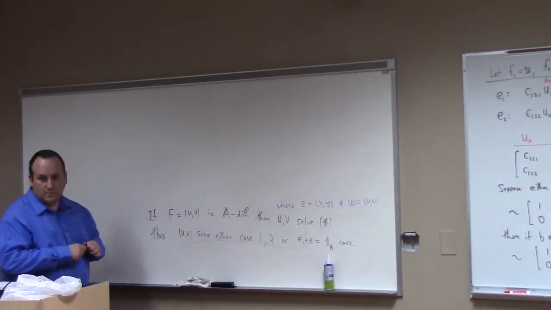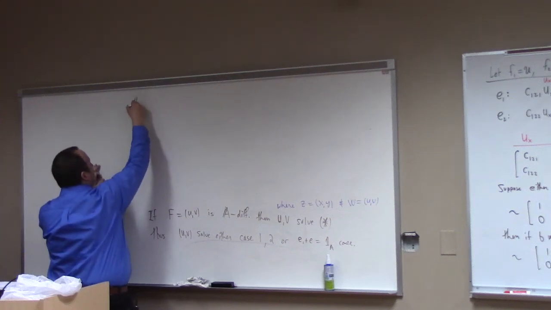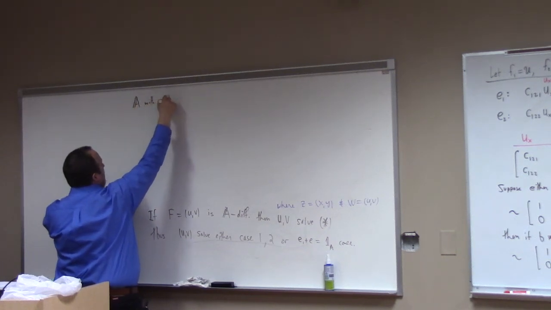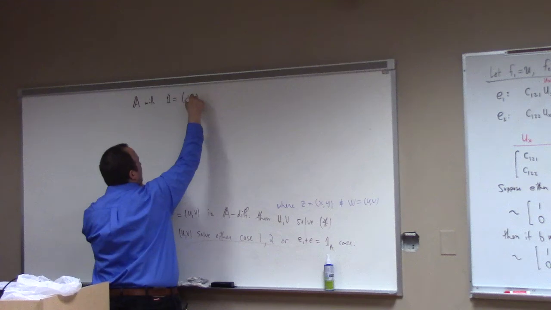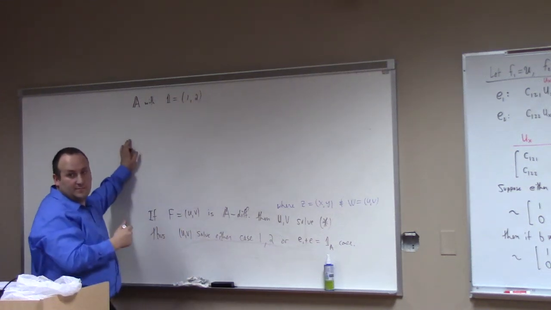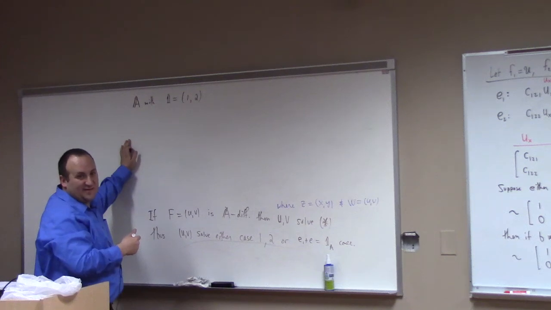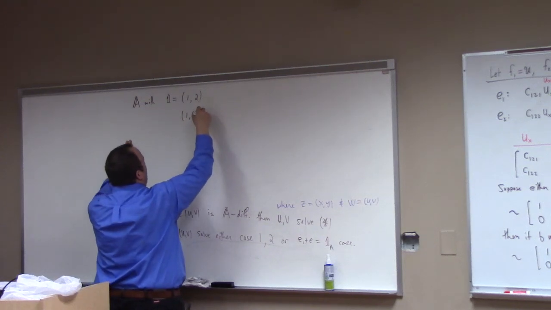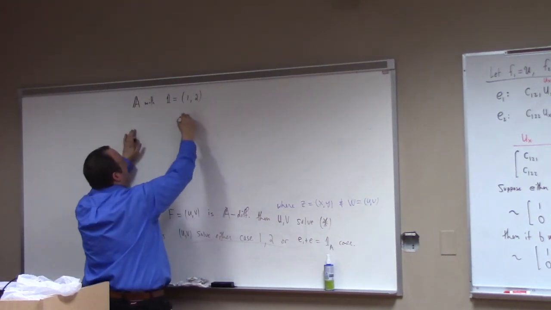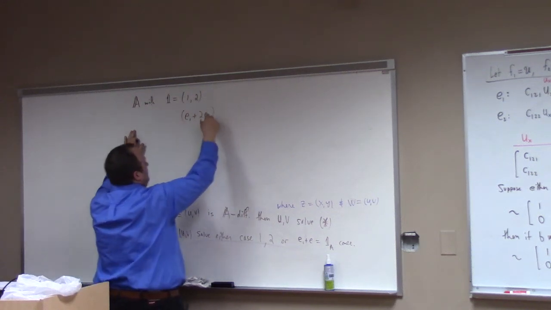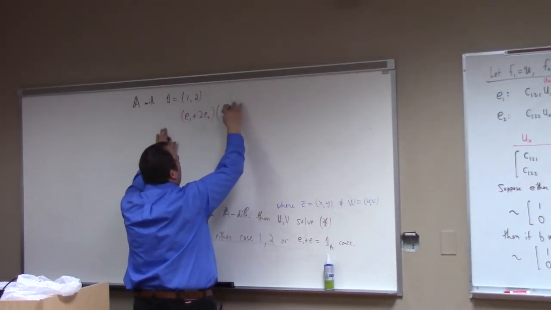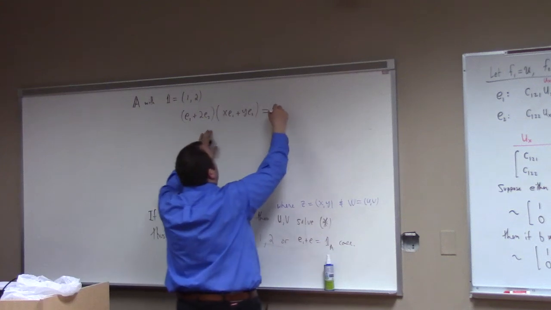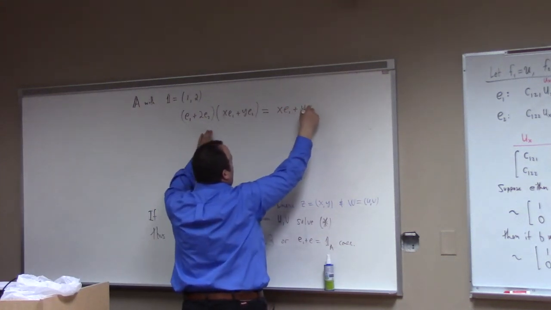Okay, so we want to have A with the 1. We decided 1, 2, right? So what's that tell us? That tells us that we need 1, 2. Well, rather we need E1 plus 2E2 times A, let me say X E1 plus Y E2, to equal X E1 plus Y E2, right?